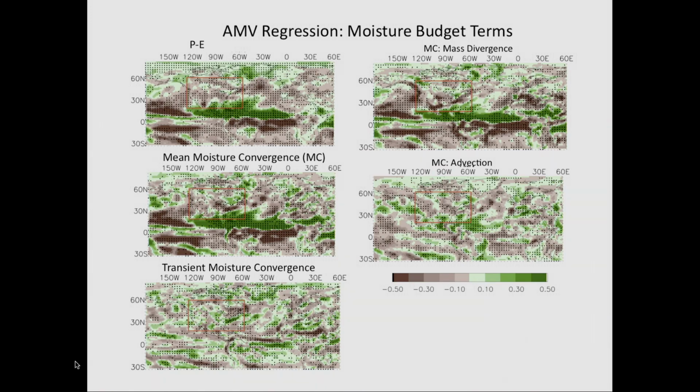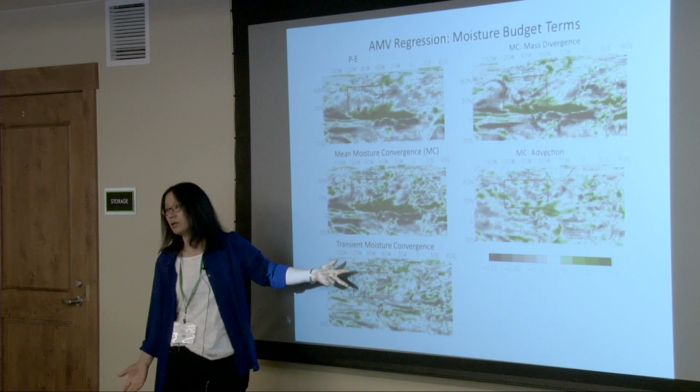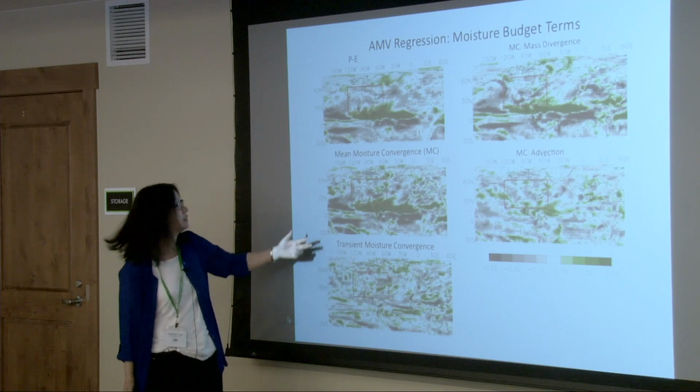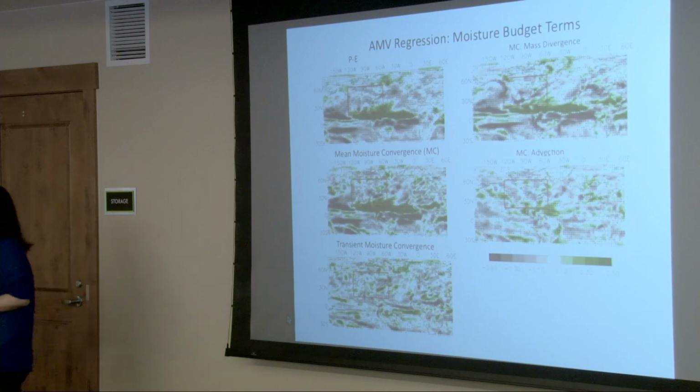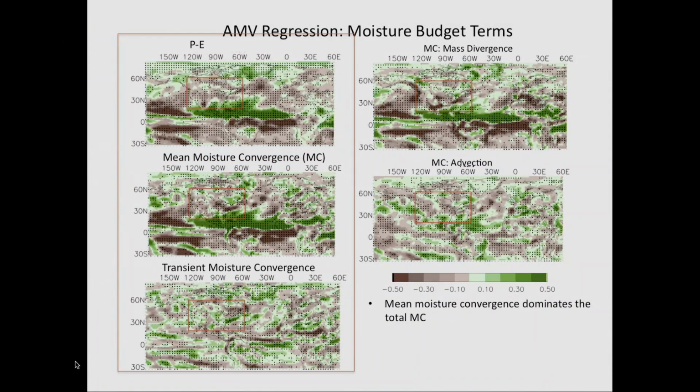It's dominated by precipitation, and that's balanced by the mean moisture convergence. And the transient is very weak or not organized. So it's mainly the mean and the P minus E that balance each other. If you look at the mean term, that can be separated into the mean mass divergence and the moisture advection.